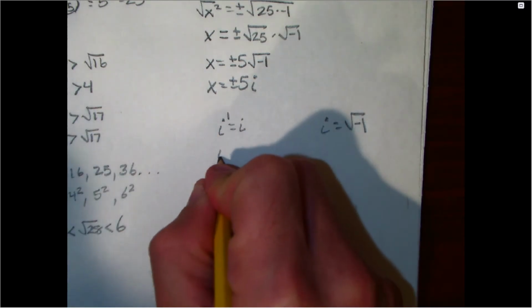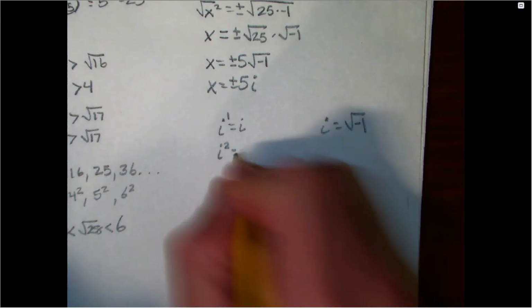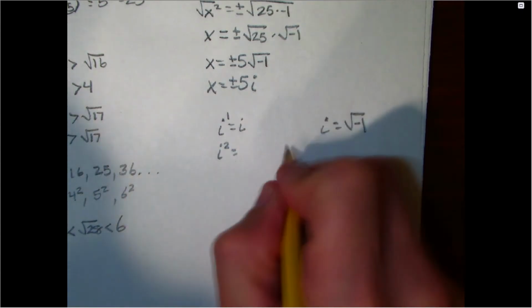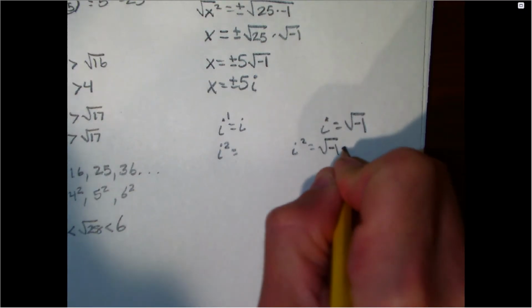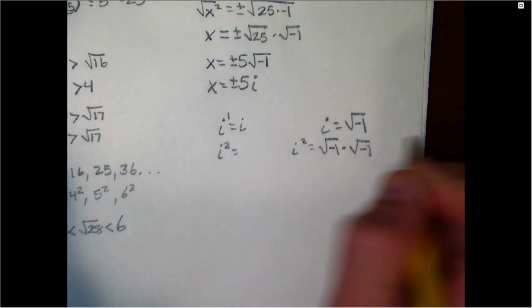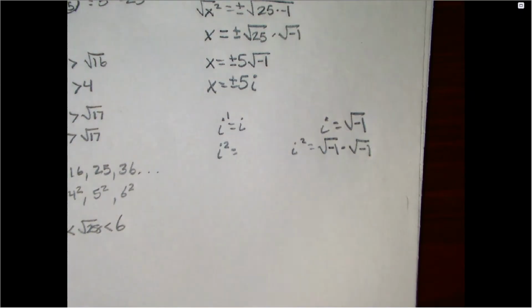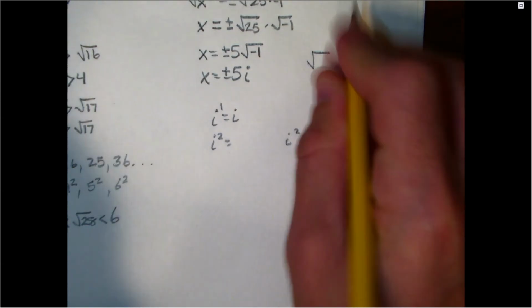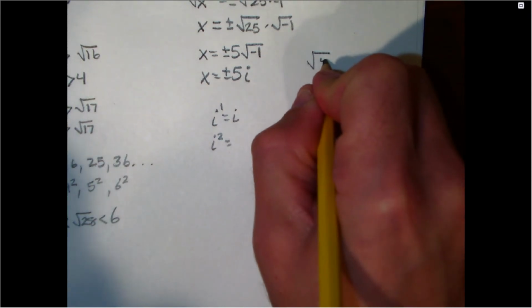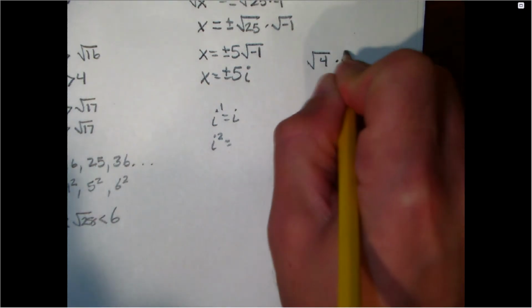What is i to the second power? Well, i to the second power would be equal to the square root of negative 1 times itself, because i is the square root of negative 1. So it's the square root of negative 1 times the square root of negative 1. And if we think about this with any other number, what if I told you the square root of 4 times the square root of 4?